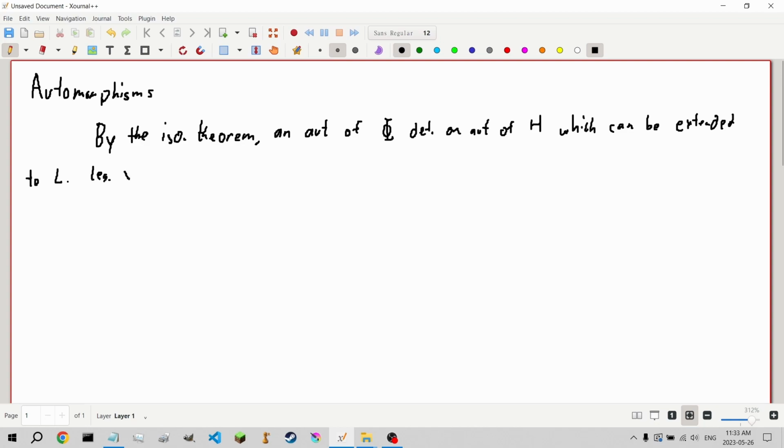For example, the map sending each root, I guess we'll call this root alpha, to its inverse. Because we know every root has an inverse, the map of inverses is going to be an easy automorphism, which is guaranteed. This belongs, of course, to the automorphism group of our root system.